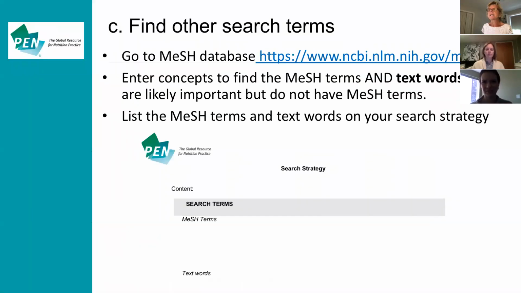So I'm going to take us back to the PowerPoint. And as we're starting to look for these terms, we're entering the MeSH terms and the text words on the search strategy that we've got. At the very beginning of the search strategy, you can see at the bottom, it's just starting to identify the MeSH terms and the text words.